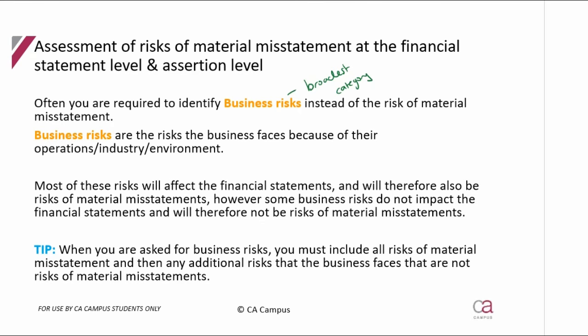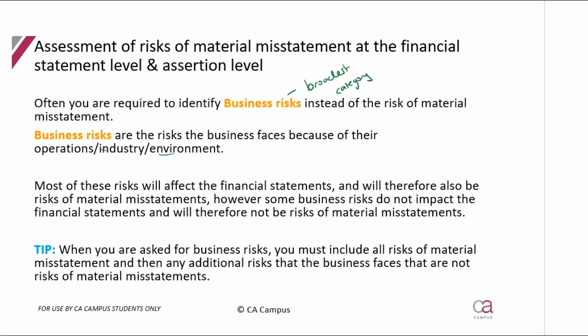If you get asked the business risk question, you could put any risk that you think that business could face, whether it be a significant risk, a risk of material misstatement, or a risk that doesn't affect the financials but would affect its operations or the business because of its industry or environment.